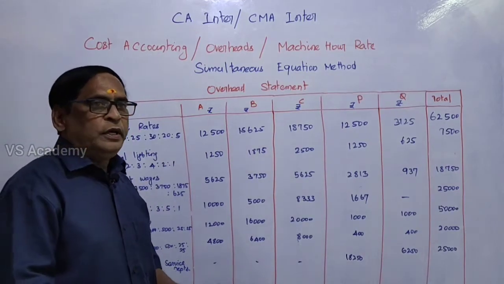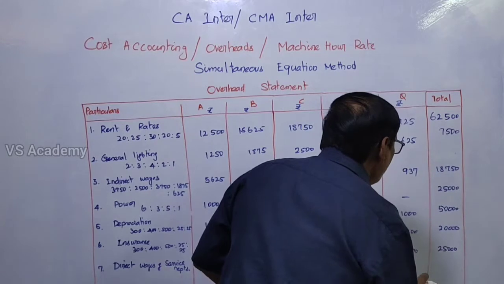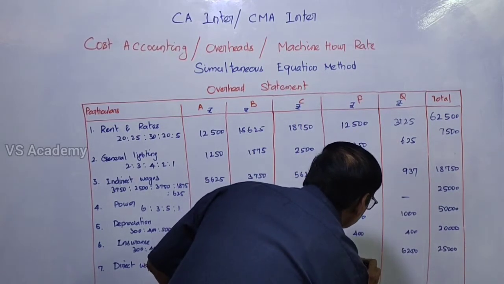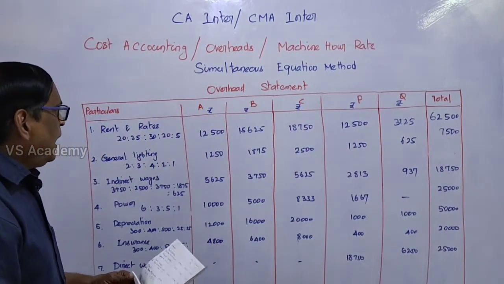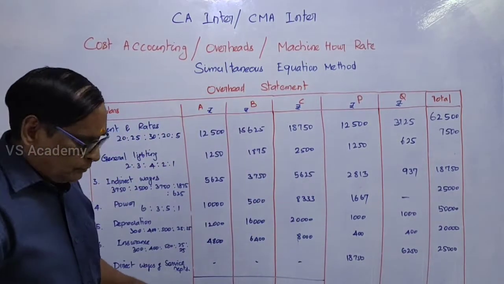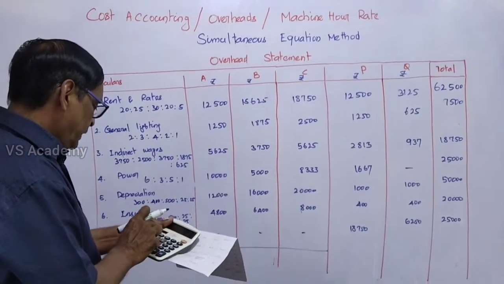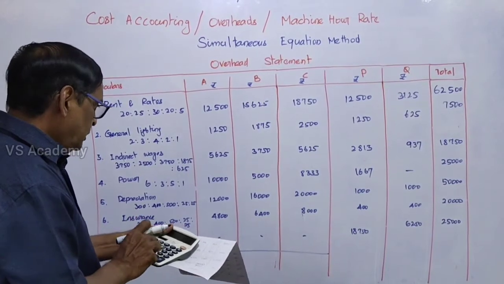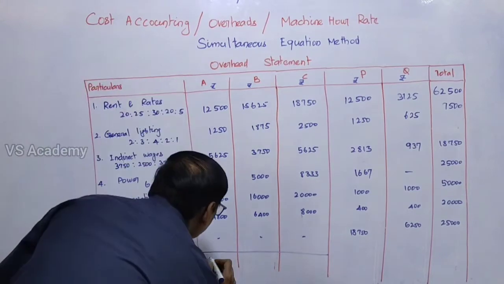Now we can total it. 20,000, 18,750 and 6,250. If we add these three departments, the total will come to 12,500 plus 1,250 plus 5,625 plus 10,000 plus 12,000 plus 4,800, 46,175.